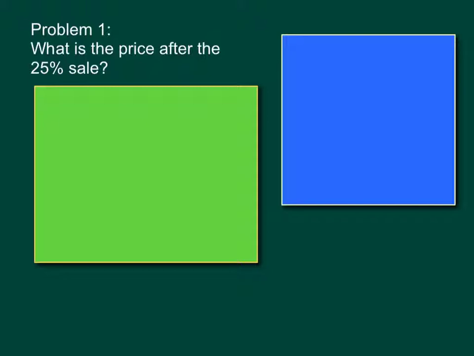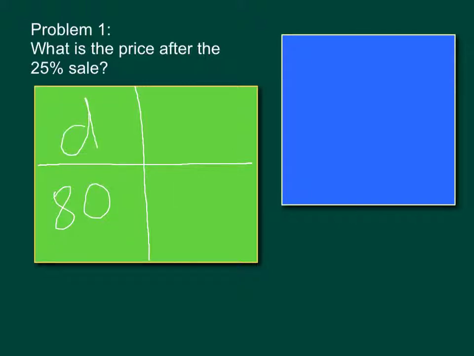Let's go ahead and solve the first problem. What's the price after the 25% sale? I'm going to go ahead and start my two-way table here. And I remember from the problem that the original price was $80. I don't know what the discount is yet, so I'll put D for discount, and I'll set that 25% over 100. Now I'm going to need to cross multiply: 100 times D and 80 times 25.